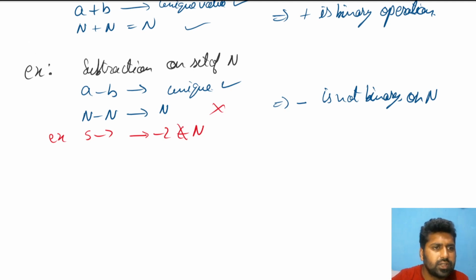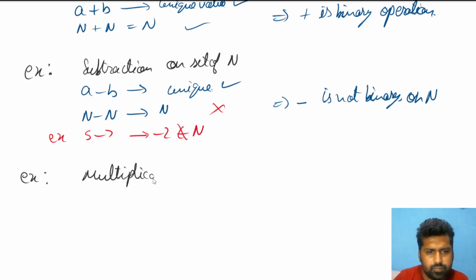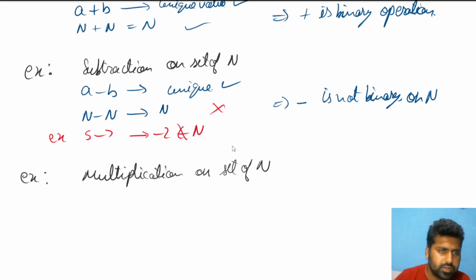Subtraction we have checked. Let's check multiplication also now. Let's do it quickly, now that you have understood two basics. Multiplication on set of natural numbers.